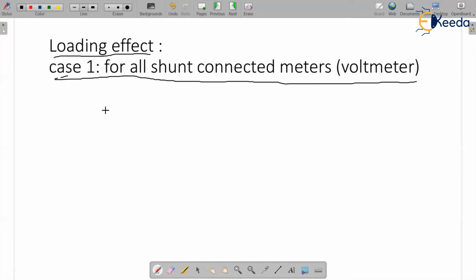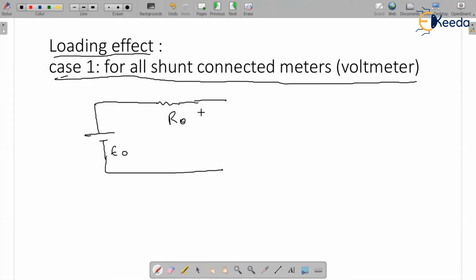I will have one battery E naught and one R naught, so this is my R naught.